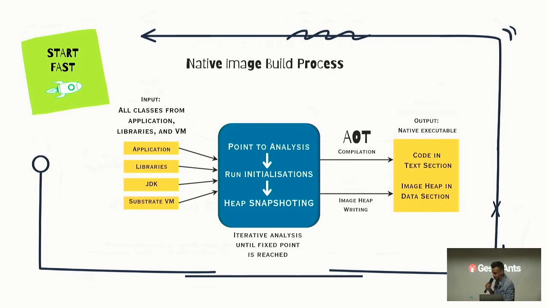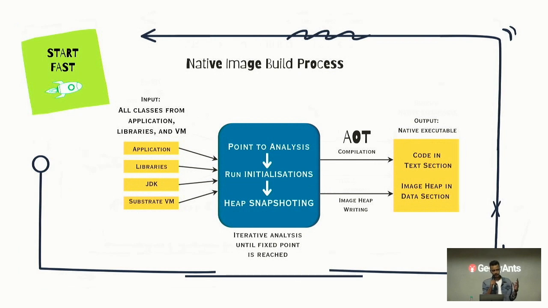Here you can see the native image build process, how it builds the native image. On the left side, you can see it takes input of all the classes from the application, libraries, and the VM, and it starts analyzing in an iterative way. First it finds the points to analyze, then it runs all the necessary initializations, then it does one heap snapshotting.